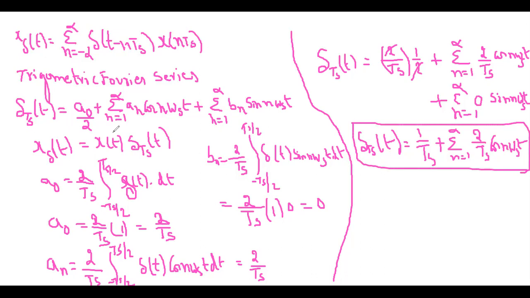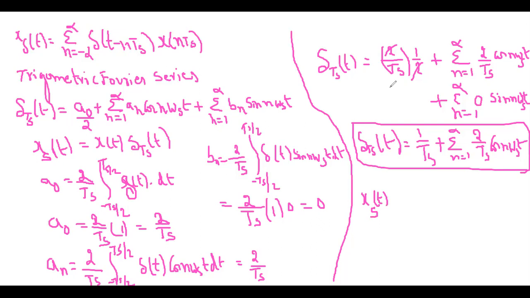The xs of t is equal to x of t into delta ts of t. Now we can substitute in this equation xs of t, not the delta, xs, the sampling signal. Without confusion, you can see that it is a sampled signal. It is not the delta, and here also not the delta. You can keep it as s, sampling signal.